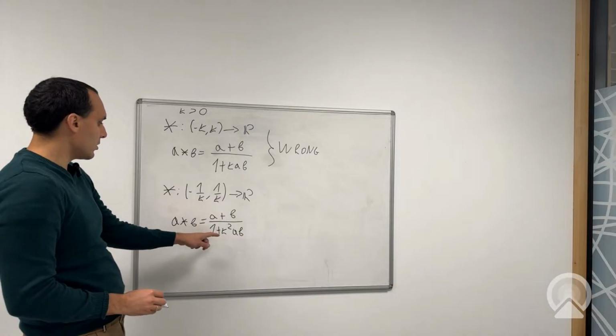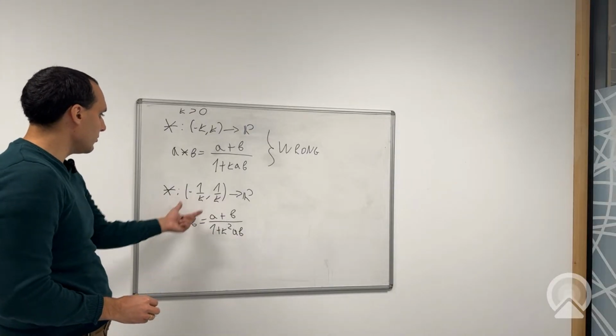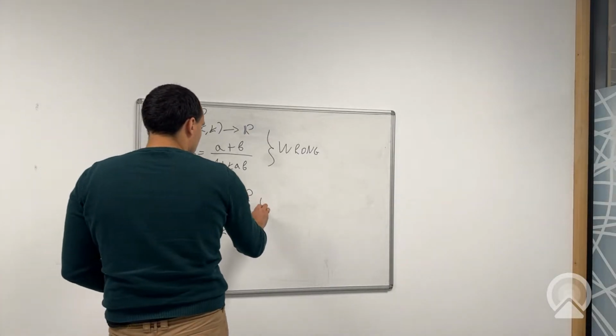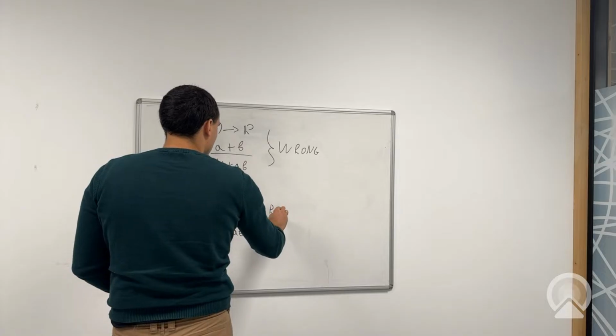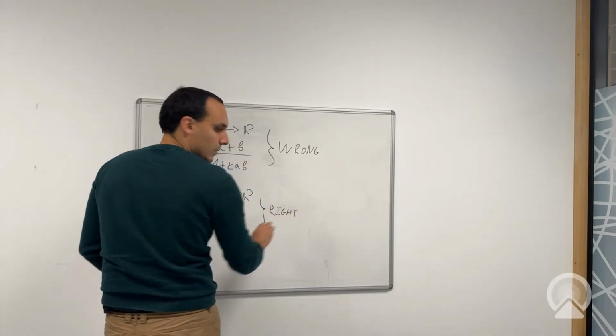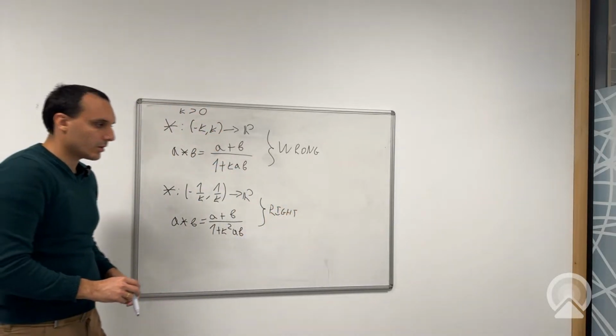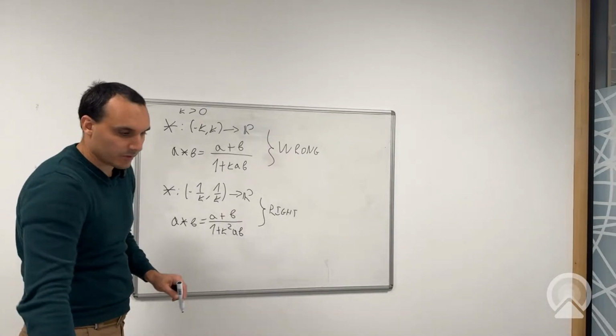This is the right operation, where a and b are in this interval. So this is the right one. Okay, so this is from the previous time.